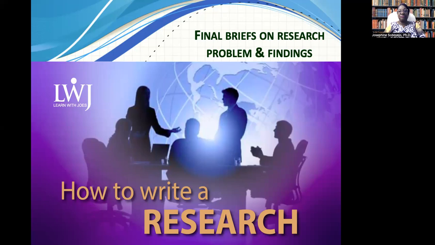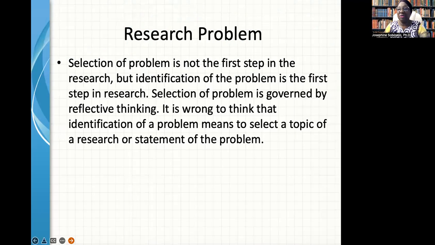Final briefs on research specifically is going to be on problem and results, which are called findings. Research problem. We need to know and take note that selection of research problem is not the very first step in the research.